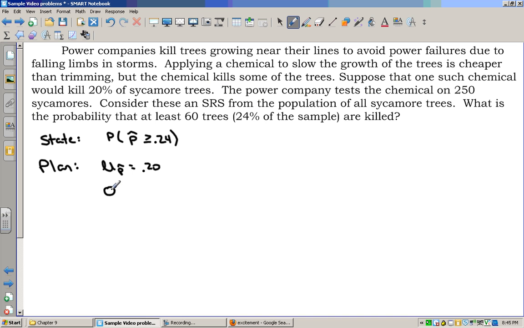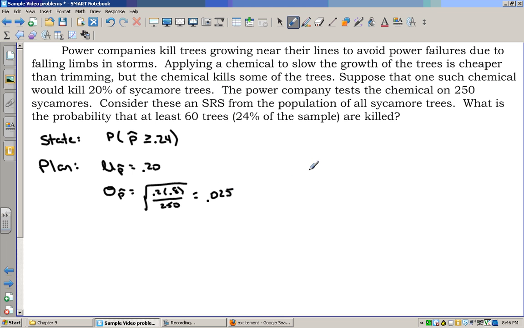We can calculate the standard deviation of the sampling distribution using the formula square root of 0.20 times 0.8, so 20% times 80%, divided by the sample size, which is 250. If you put that into your calculator, you should get a standard deviation of 0.025.